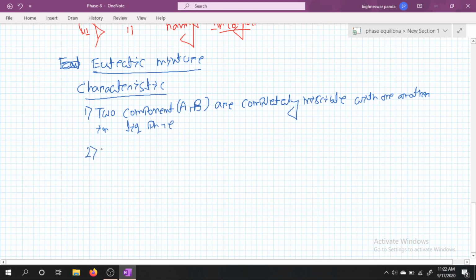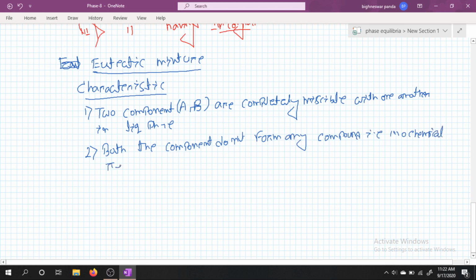Another characteristic is that both the components do not form any compound, that is, no chemical reaction between them is possible.